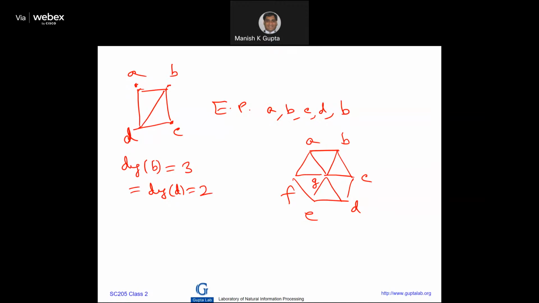I'm going from A to B, B to C, C to D, D to B. So it's a path, not a circuit. A complete circuit is not there.